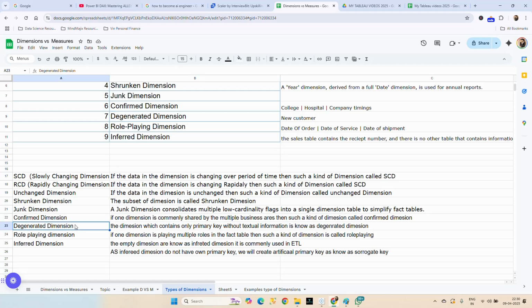A dimension that contains only a primary key without any textual information is known as a degenerated dimension. Okay, now I can tell you one example. If you have an e-commerce business, in that business you have an order table, a transaction table and a customer table.